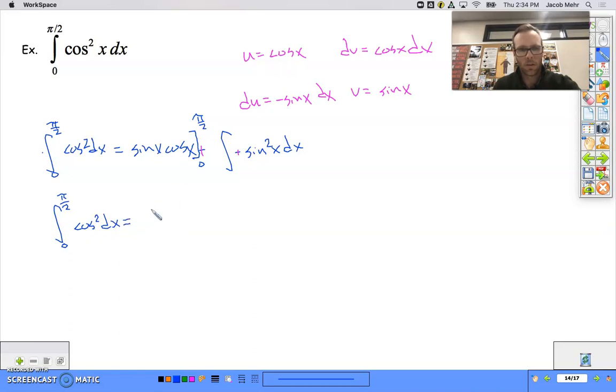That's 0. This is the integral from 0 to pi over 2 of, what do we know about sine squared and cosine squared? Pythagorean theorem. Sine squared is 1 minus the cosine squared.